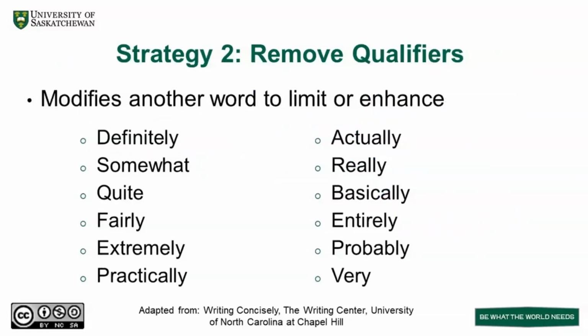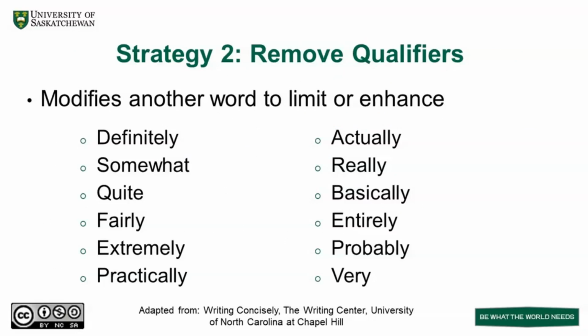So reducing nominalizations is one of the best ways in which we can reduce wordiness in our writing. Our second strategy is all about removing qualifiers. And a qualifier is simply a word that we attach to another word in order to create some sort of limit or enhancement.